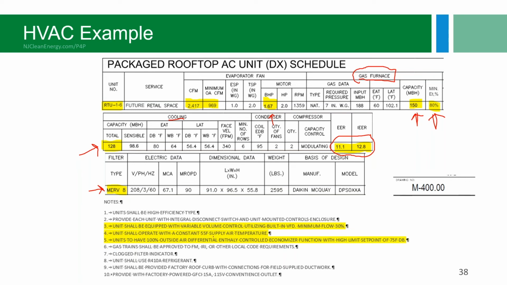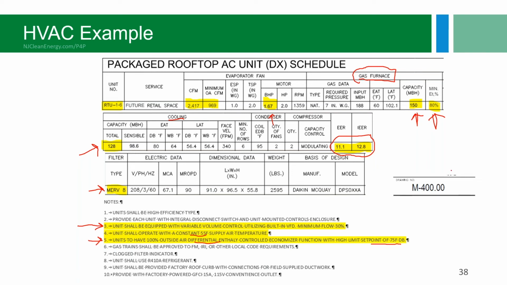And then in the notes, often there's some really important information. There's some information often about how the units operate, also information about the types of controls and features that the units are equipped with. So this tells us it's variable volume control, that there's a constant supply air temperature, and then it tells us that there's a differential enthalpy economizer with a high limit set point of 75.